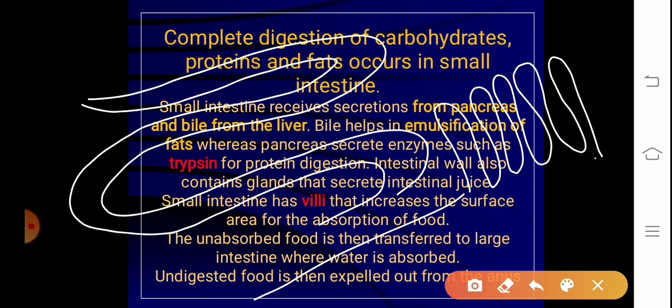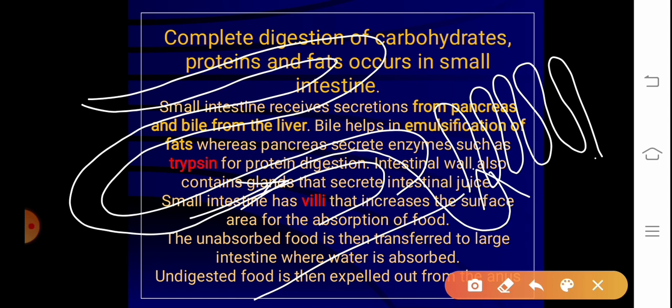Once the food is digested completely inside the small intestine, the completely digested food is absorbed by the villi. Villi are richly supplied with blood vessels.